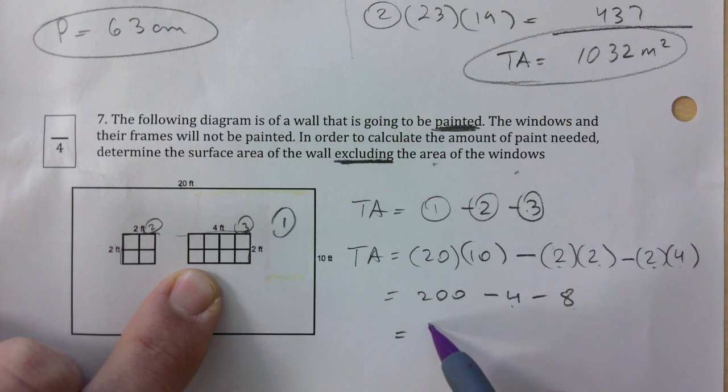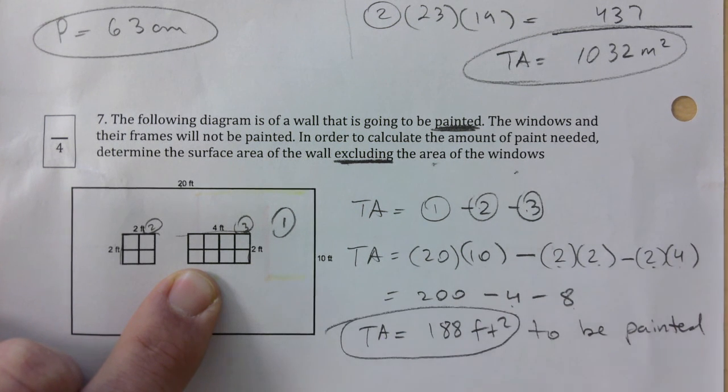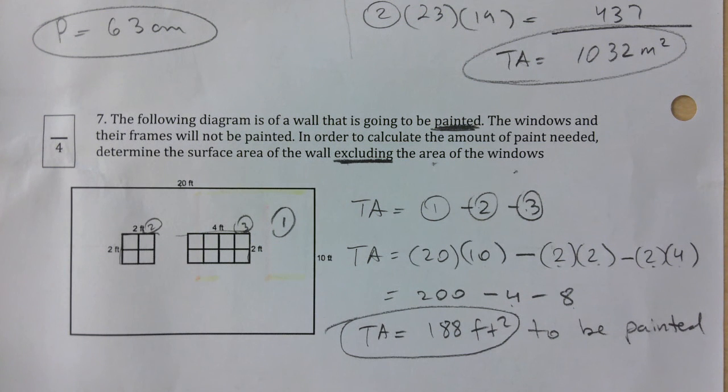This is 12, so it's 188 square feet to be painted. So it's basically what we've been doing, right? Sometimes it's adding, sometimes it's subtracting, and that's what we're going to be doing more tomorrow.